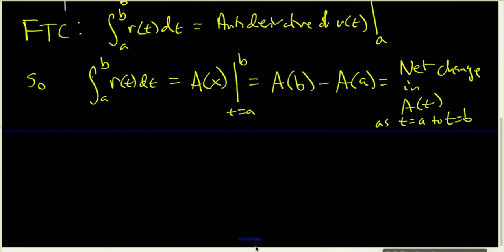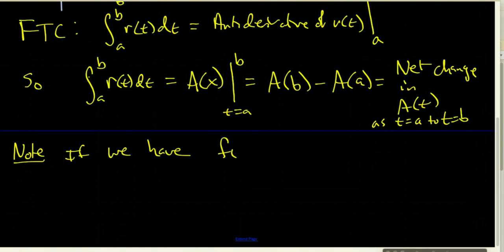Now, there is one more thing that I want to note, and that is a notational thing. If we have f of t as the name for the amount function, then we will know that the derivative of f will be the rate function.